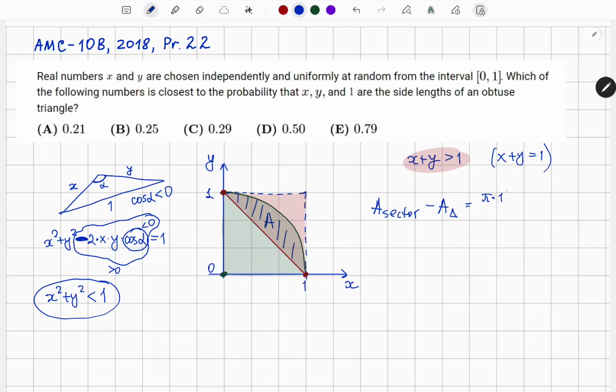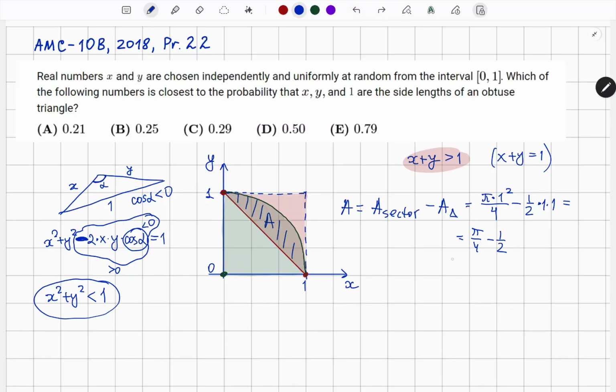Pi r squared divided by 4, because I take only a quarter of the circle. It's sector minus triangle. The triangle is a right triangle, so its area is a half times the product of two legs, 1 and 1. So it's pi over 4 minus 1/2. This is the area A, the preferred region. And we divide this area by the area of the big square.